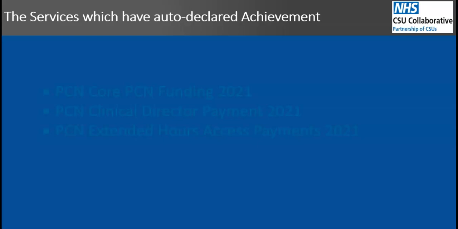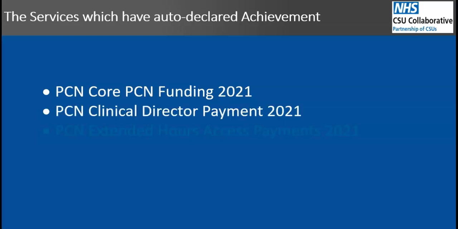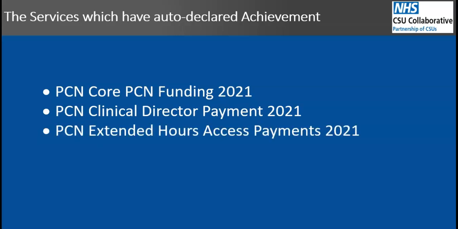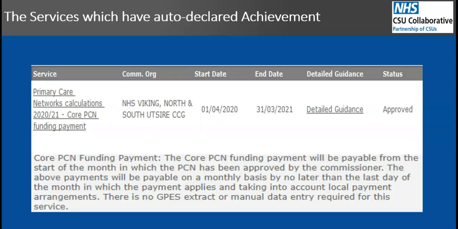The three PCN services are PCN Core PCN Funding 2021, PCN Clinical Director Payment 2021, and PCN Extended Hours Access Payments 2021. There is some useful information within the description box which provides guidance on payment frequencies, as well as advising you that no GPES extract or manual data entry would be required.